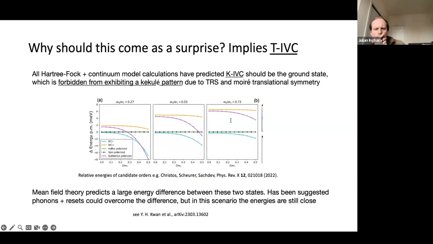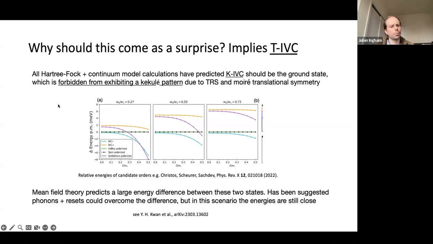Now, why should this come as a surprise? Well, this experiment implies that we have TIVC order near half filling rather than KIVC. It turns out that KIVC is actually forbidden from exhibiting a Kekulé pattern of this kind due to a selection rule involving time reversal symmetry and Moiré translational symmetry.